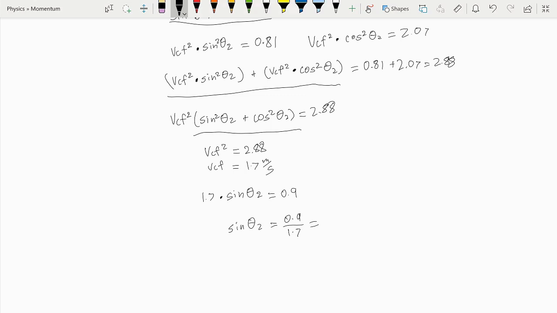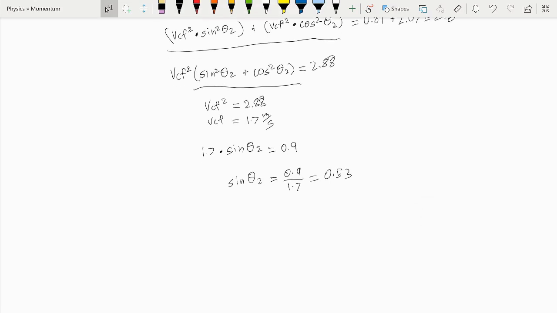And this is equal to 0.53. So the thing about this is 0.53 is the sine of theta 2. So to find out theta 2, we have to take the sine inverse of 0.53.